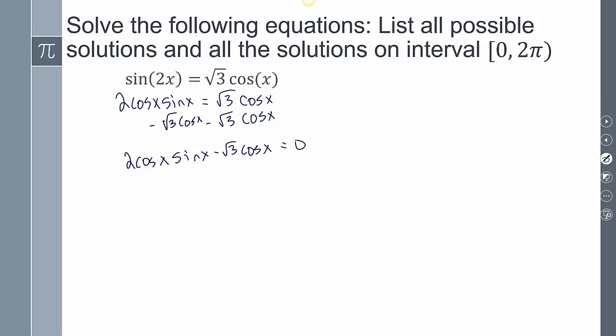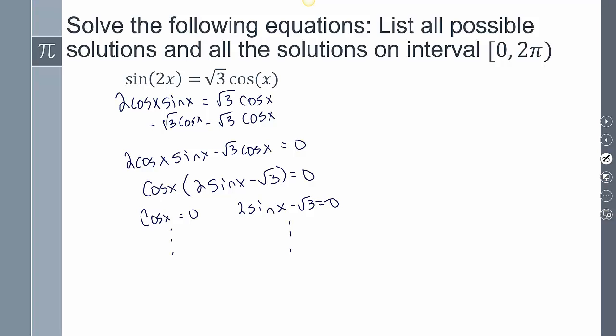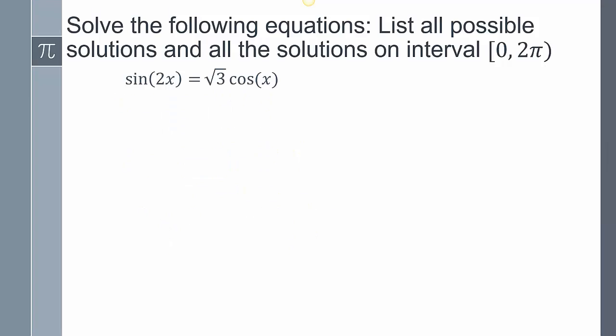This does equal 0. And so factoring out a cosine x, I'm going to have cosine x times 2 sine x minus radical 3 equals 0. And so I have to set each one of these equal to 0 and then solve for each one. And remember, you have to do the plus 2 pi k, etc.